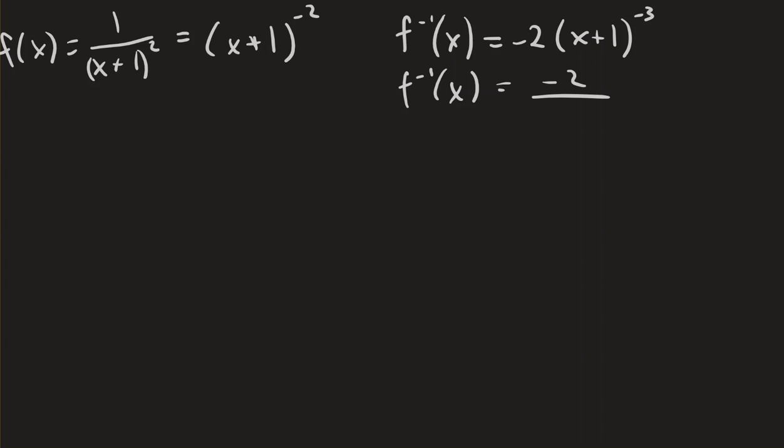And since this is to the negative 3, let's go ahead and move it back to the denominator and make it a positive 3. Okay, so there is our derivative. So where the derivative equals 0 will give us our critical numbers.